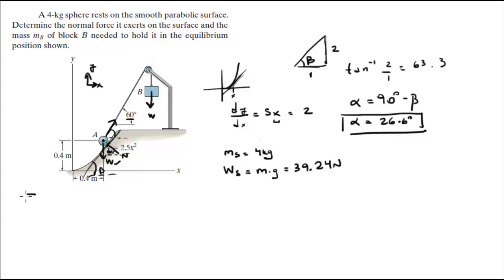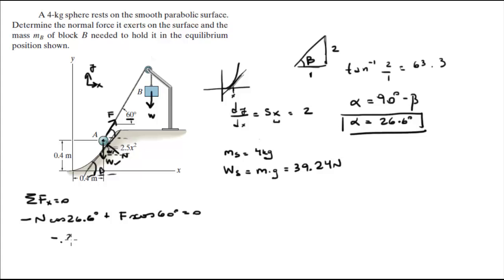So sum of the forces on the x is equal to 0. The normal, which is going to the left, times the cosine of 26.6 degrees plus the force or tension, I call it force in this case, times the cosine of 60 degrees is equal to 0.